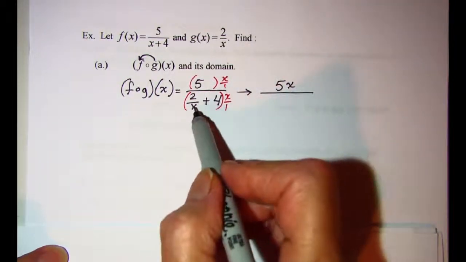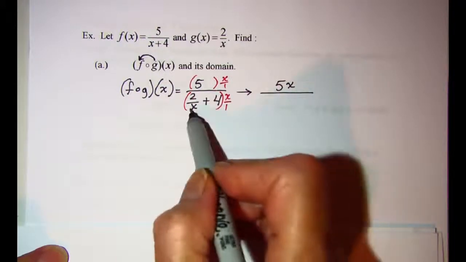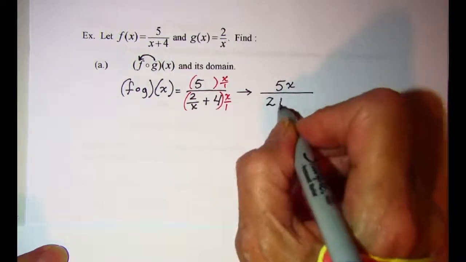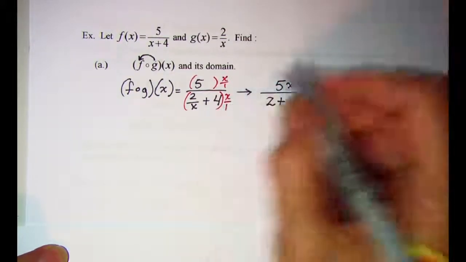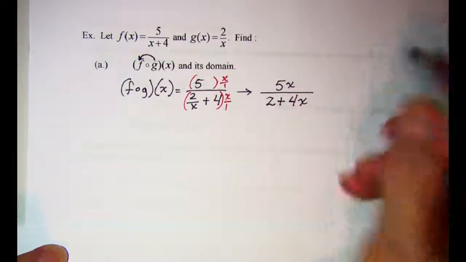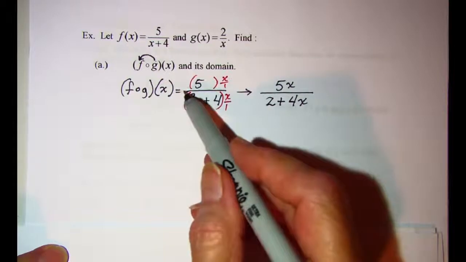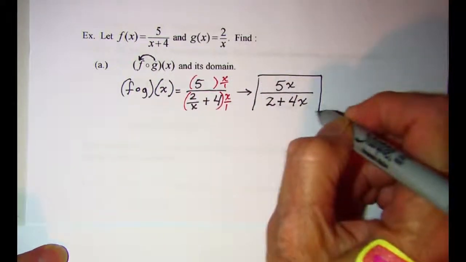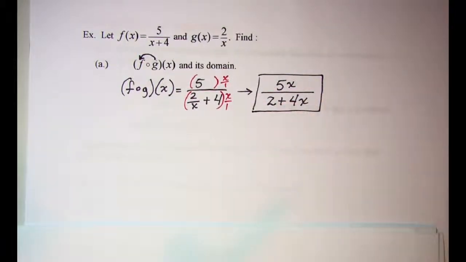In the denominator, when I distribute this x to the first term, the x's cancel and I have just 2. And then plus, distribute it to the second term and I have 4x. So f composition g is 5x over 2 plus 4x.